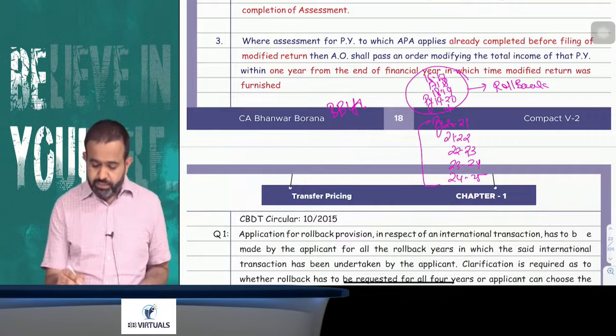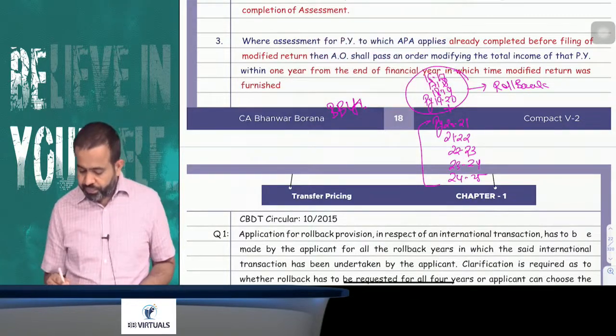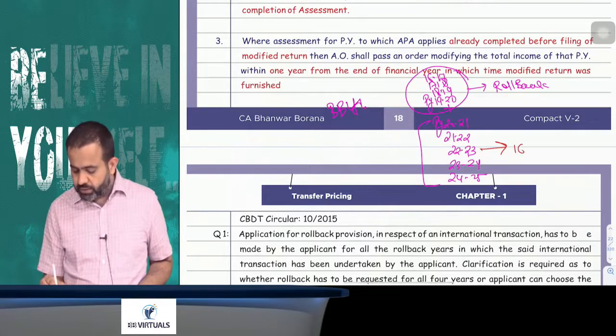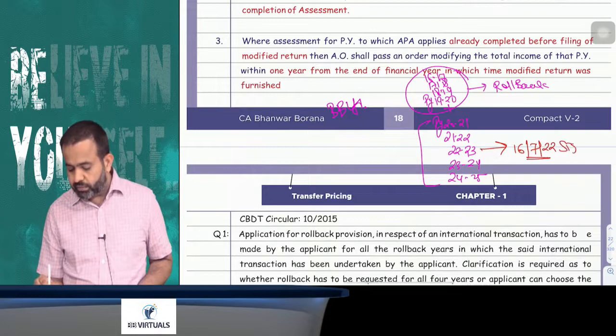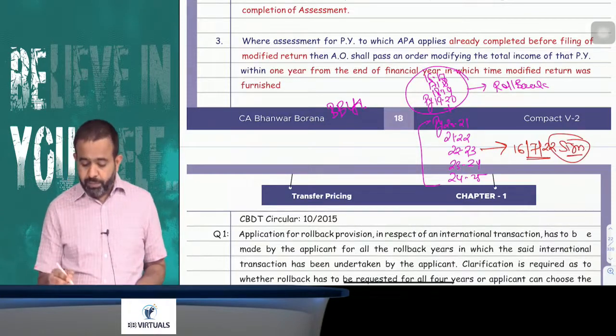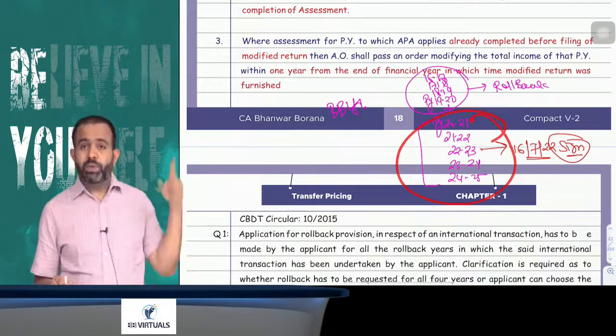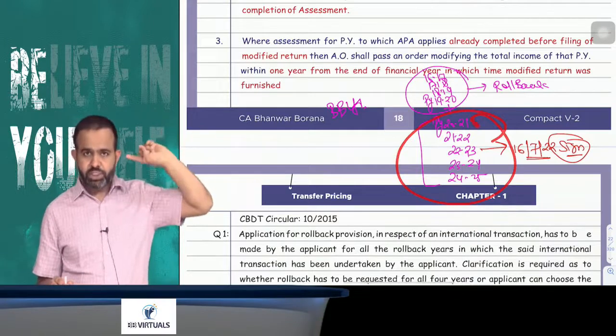Here, in this particular case, suppose CBDT signed this APA on 16 July 2022. But the APA will be applicable from previous year 2021 only, meaning from the year in which the application was made.